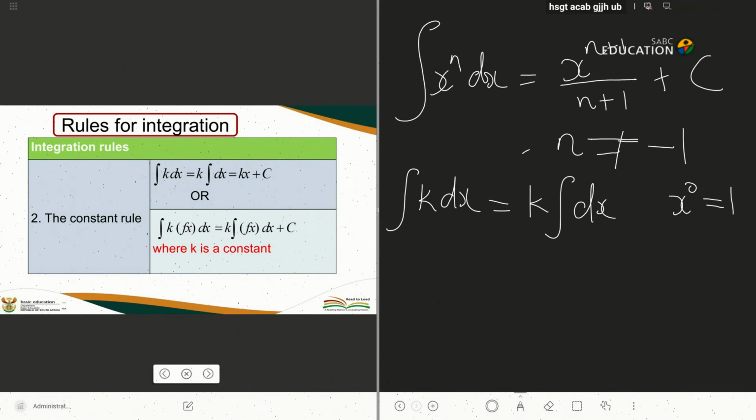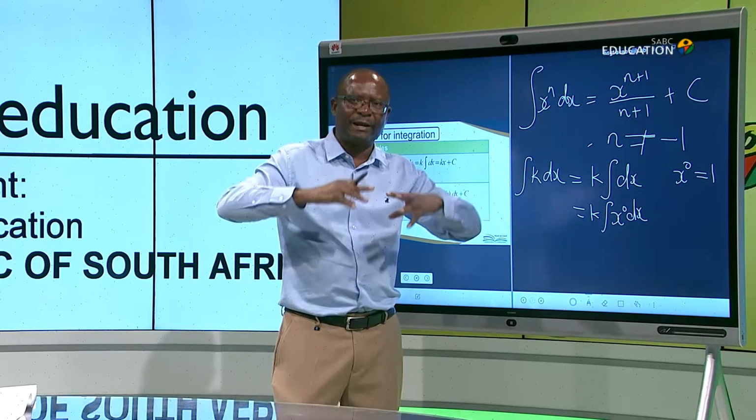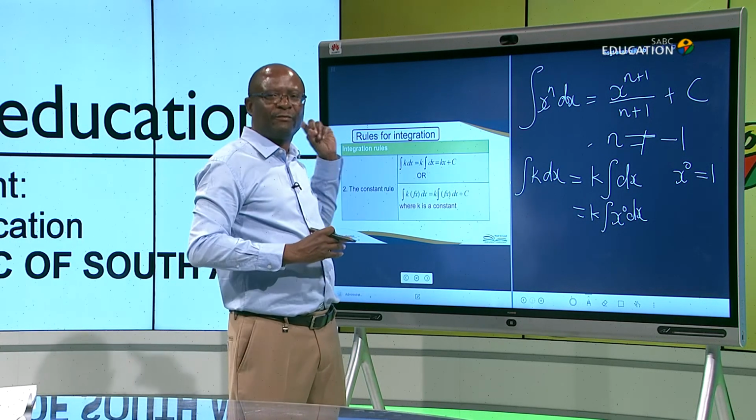Then we can say this is k integral of x to the exponent of 0, which is to be integrated in terms of x. Now, at least we've got the variable x, so we can apply the power rule that we've learned earlier.